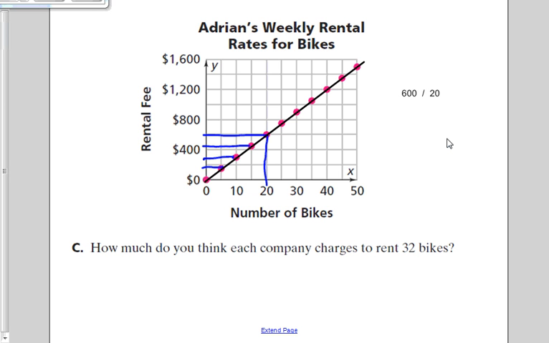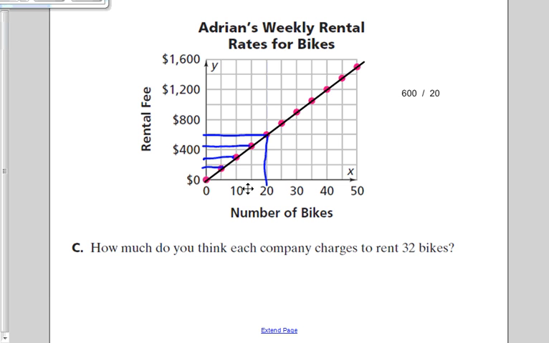That's going to leave you with $30 per bike. So if we were renting 40 bikes, then it should be 40 times 30, which is 1,200. That matches up exactly.